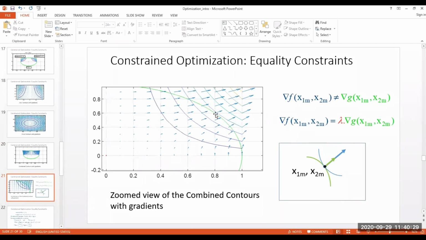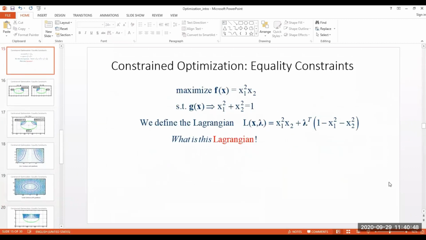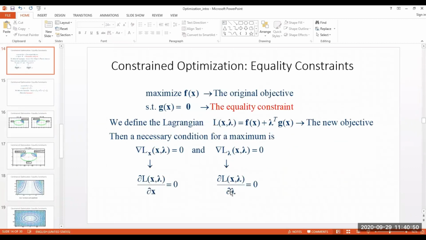This point we will term my probable solution or candidate solution, and we will denote it as x1m and x2m. That's the solution, obtained after I solve this and this.